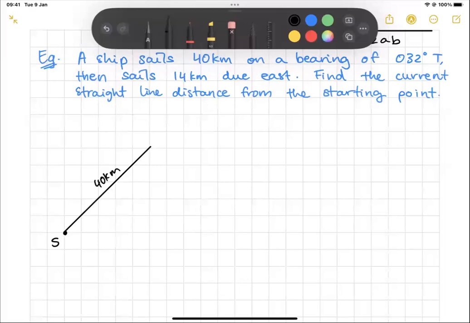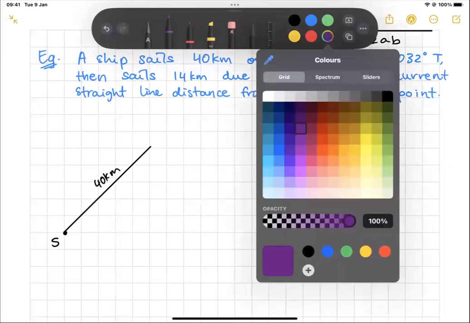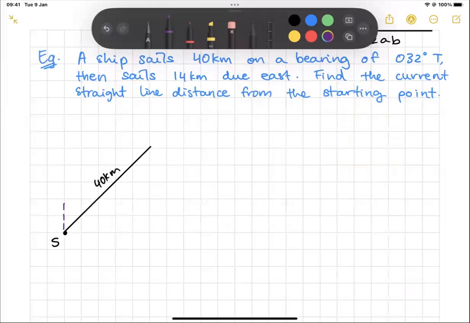On a bearing of 32 degrees. Now, after that, the ship sails 40 kilometers due east. If pointing up is north, then east should be going to the right.